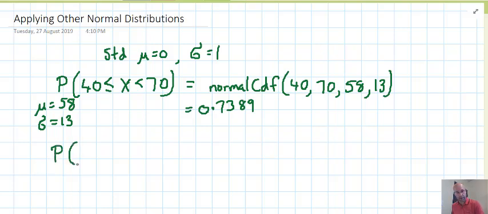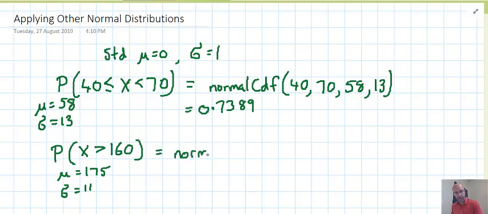We have the probability that the normal variable is greater than 160, given that we have a mean equal to 175 and a standard deviation equal to 11. Again, normal CDF is going to be applied.